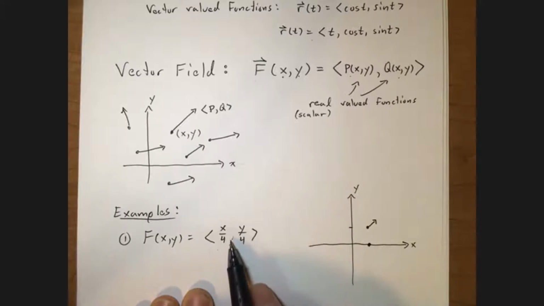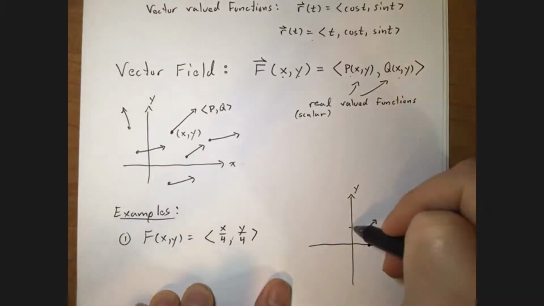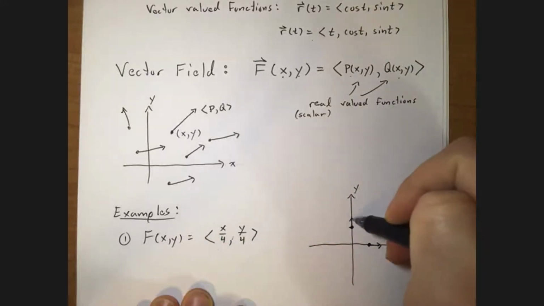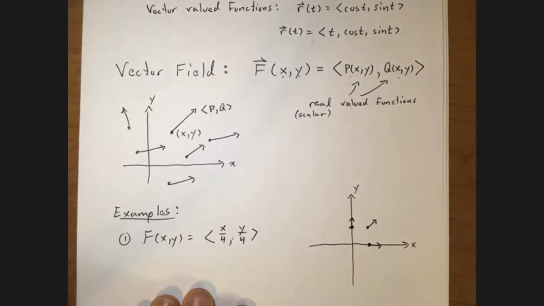If I plug those numbers in here, I get the vector 1/4, 0. So that's the vector that points 1/4 in the x direction, but not in the y. And if I go to the point 0, 1, I get 0, 1/4. So that's the vector that points up like this. And if I go to the point -1, 1, now I have -1/4, 1/4. So that's the vector that points like this.